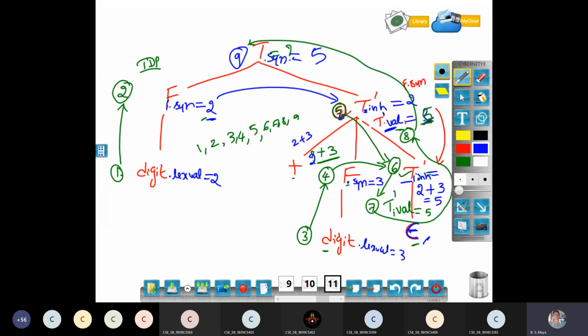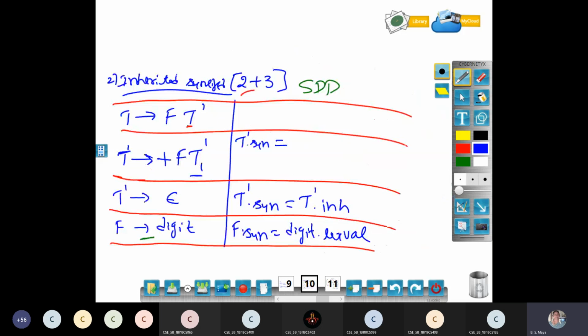See, I want to calculate this part first. When this part is over, then only I can calculate this part. Node number 6, then only should we go to node number 8. For that, your rule says T dash of INH is equal to, what is the formula? You have to inherit from where?